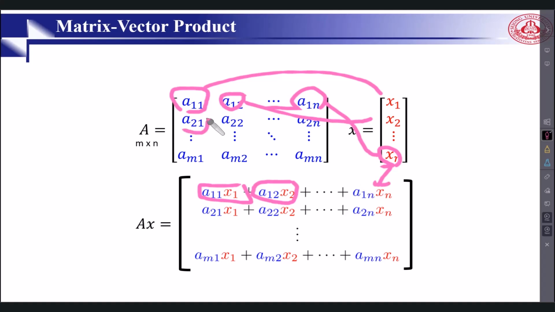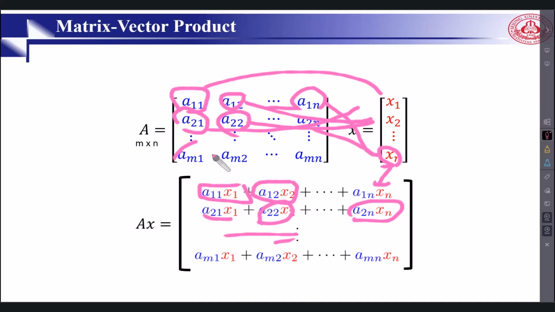Second row, A21 multiply x1, A22 multiply x2, and up to A2n multiply xn. Then we come to the last line, Am1 multiply x1, Am2 multiply x2, up to n. This is how we can do multiplication of a matrix by a vector.